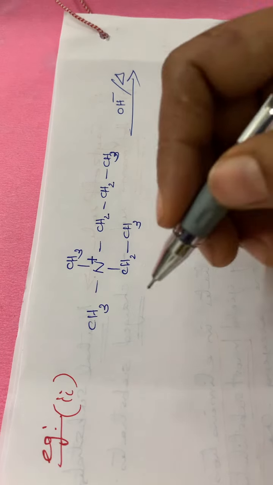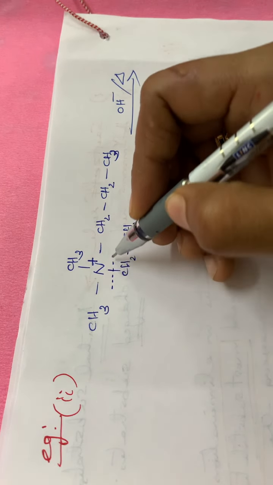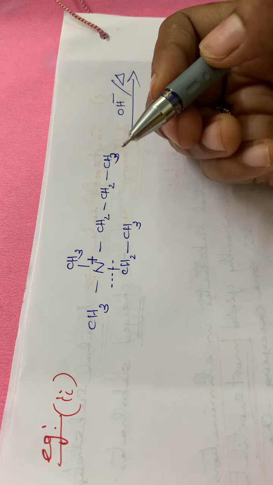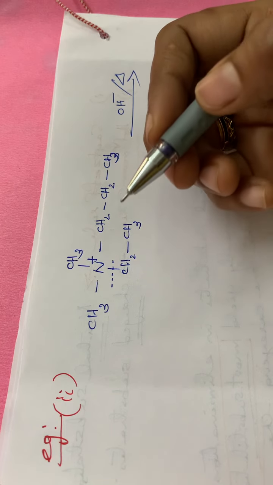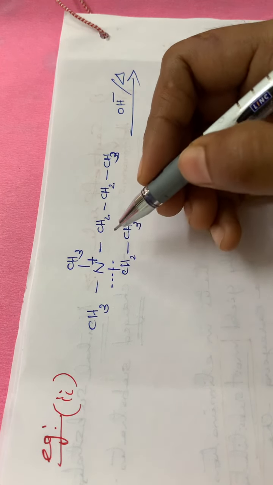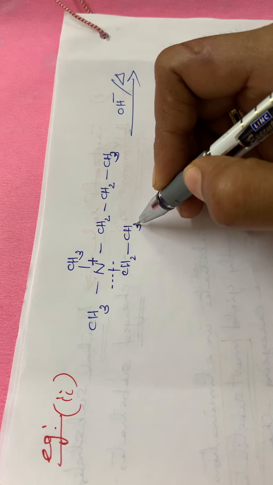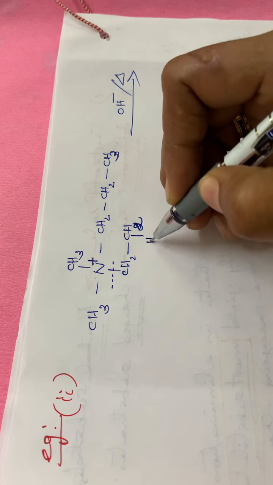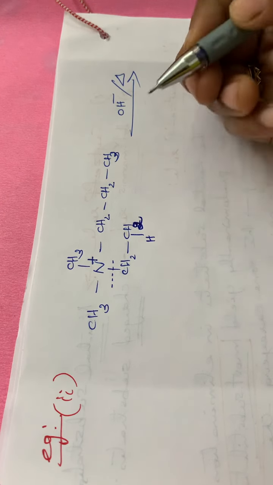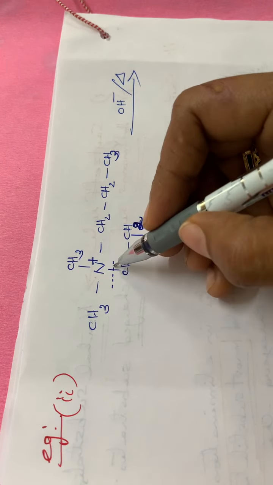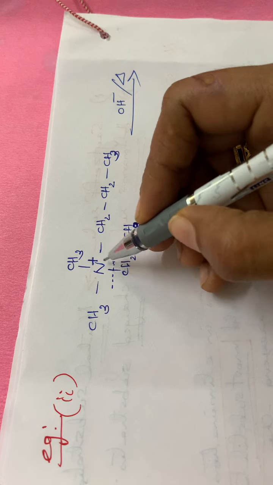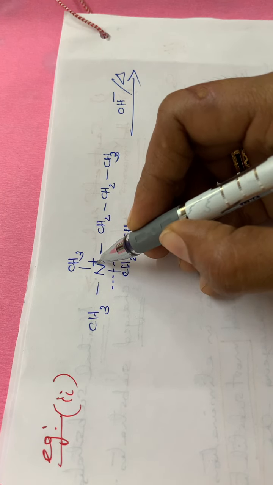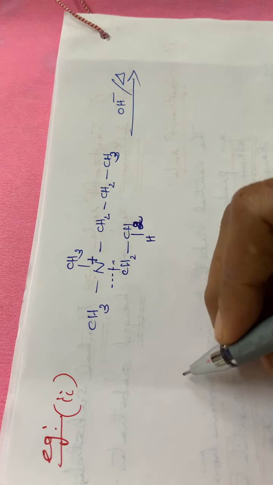That is, in the first case, at this position the bond breaks. So what about the product? At this position the bond breaks and one hydrogen will be abstracted from this carbon atom. Okay, so I am writing the CH2H, CH3 as CH2H. So if this bond breaks, what happens? The electron pair will be moving to the nitrogen atom and the charge will be neutralized.